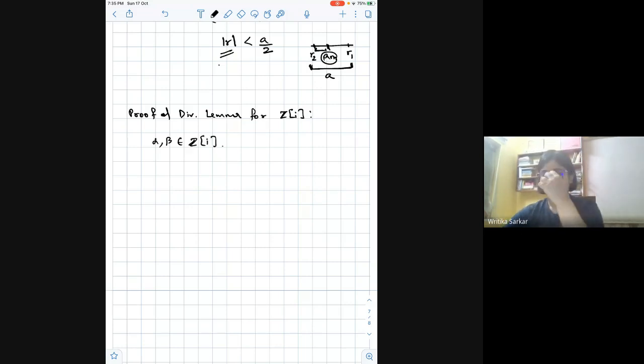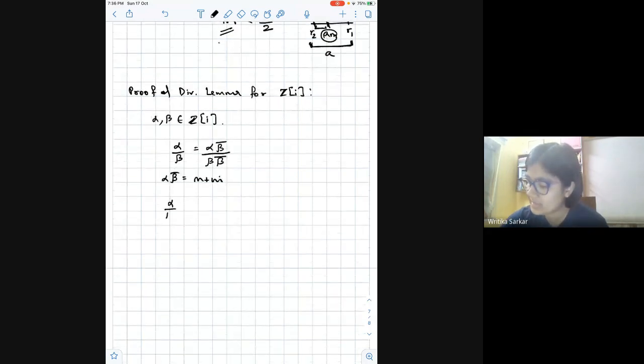We write alpha over beta, and we rationalize the denominator, and we get alpha times beta bar over beta times beta bar. To simplify matters, we write alpha beta bar as m plus ni. What we get is alpha over beta is equal to m plus ni, divided by beta times beta bar, which is just the norm of beta.